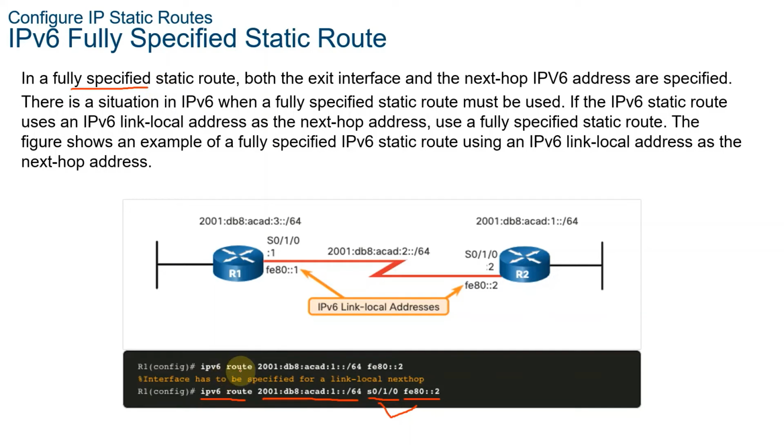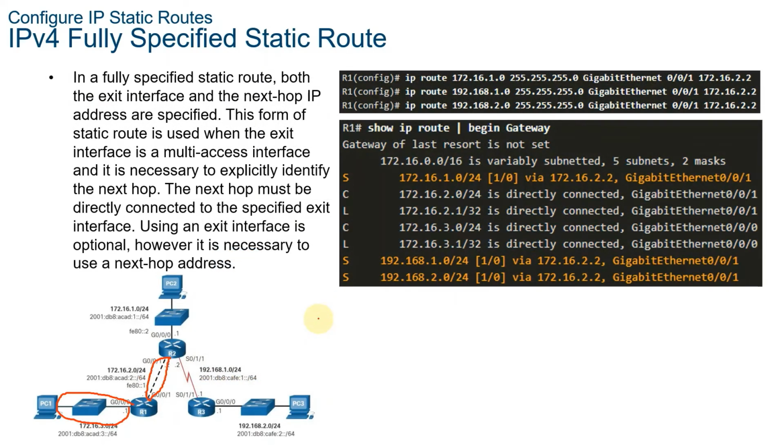The first one also: IP route, remote network, and this is your exit interface or the next hop IP address. This is the traditional way of doing it, but with a fully specified route, this is another option. Now going back to IPv4, how is it done? Same thing.